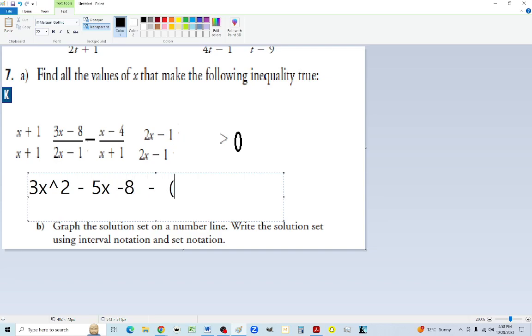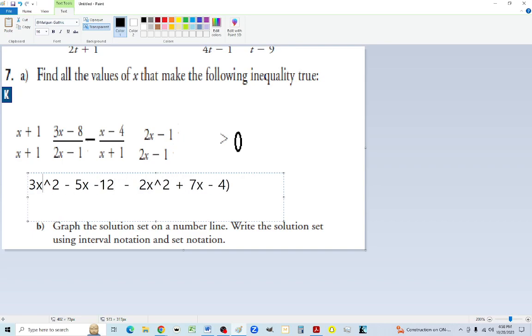All minus, and in brackets, 2x squared minus x minus 6x, so minus 7x, and then plus 4. Now all that gets treated by the minus, so all the signs in here change. And then I can see minus 8 minus 4.